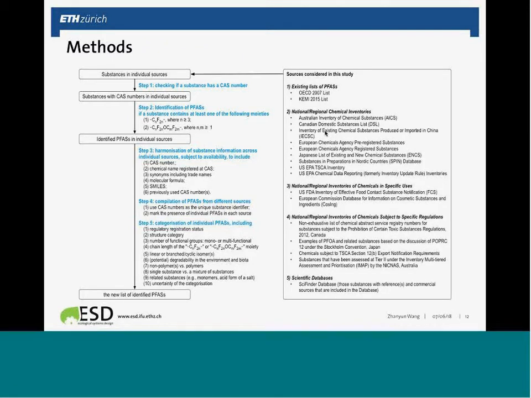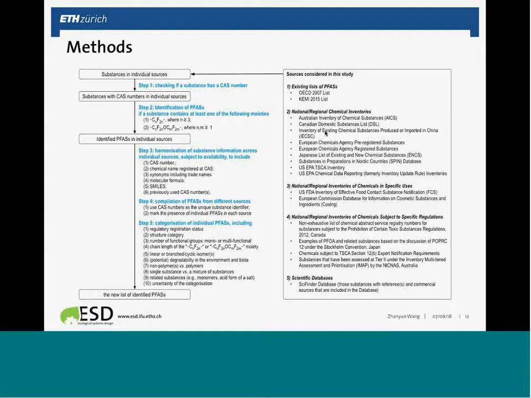In this study, we look at 5 major groups of sources. The first is the existing lists of PFASs, including the OECD 2007 list, and also the KEMI, the Swedish Chemicals Agency, 2015 list. Then we also went through all these national and regional chemical inventories.